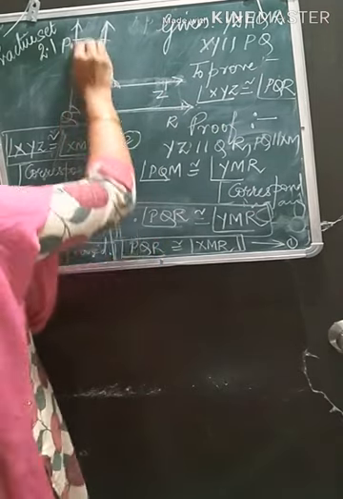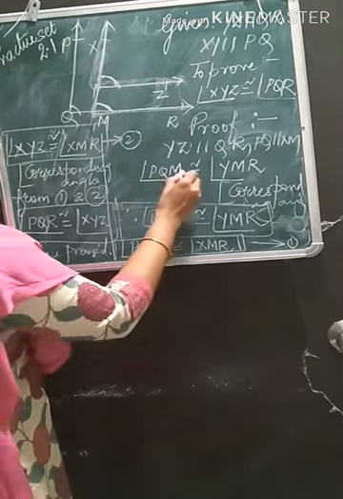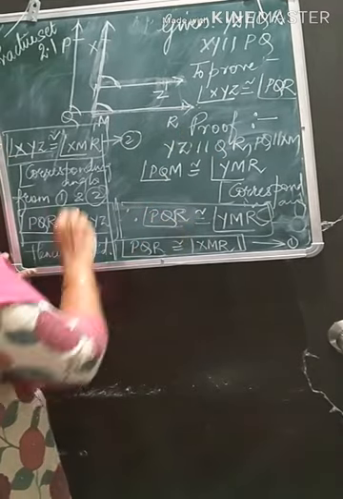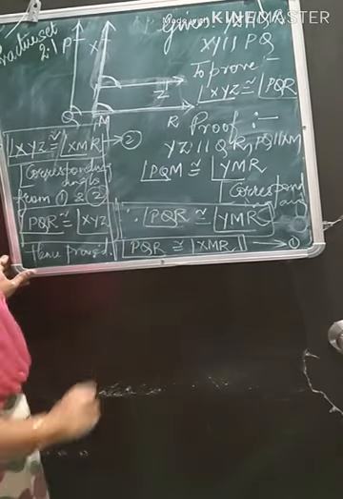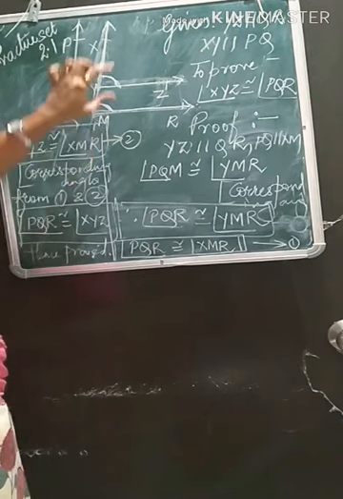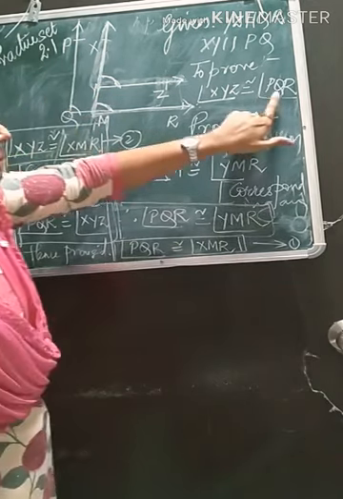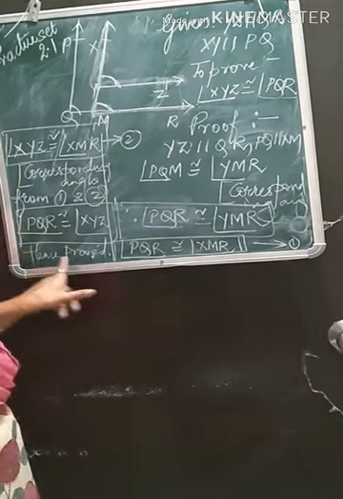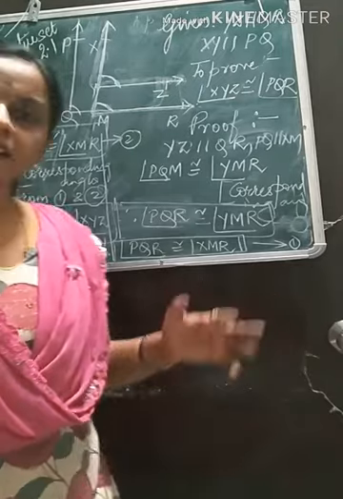PQM is nothing but PQR, so we wrote it as PQR. YMR is also nothing but XMR. After these two corresponding angles, we took the other two corresponding angles. Same way we wrote, compared what we want, and got the proof. Go through the proof once again, pause and see and learn it.